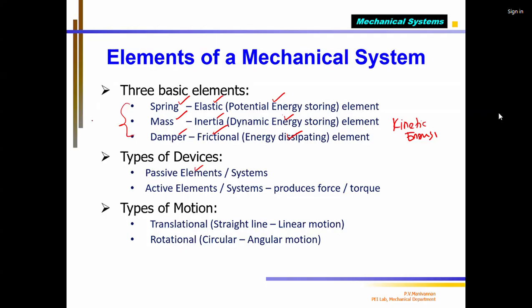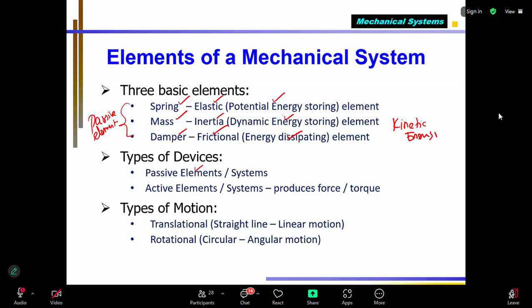So these three elements are called passive elements in a mechanical system. If you construct a system, a machine, a gearbox, engine, whatever, a subsystem or big machine, that is called a passive system, because you are making all the components using passive components.